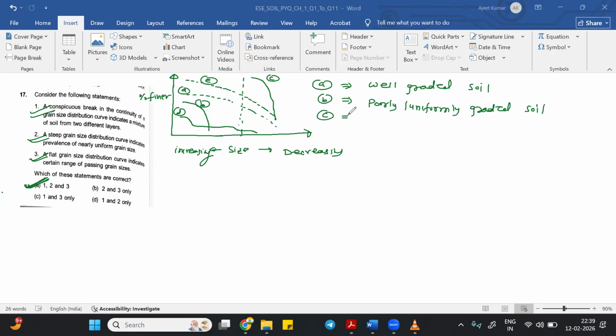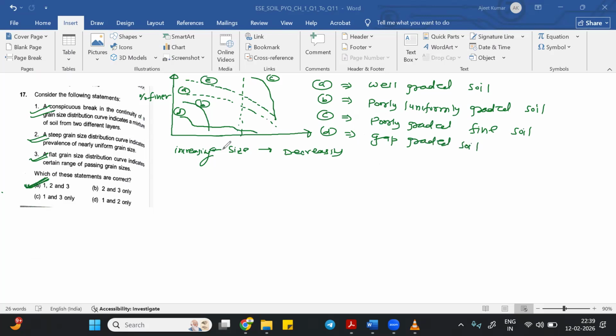Okay, and curve C represents poorly graded fine soil. And curve D represents gap graded soil.